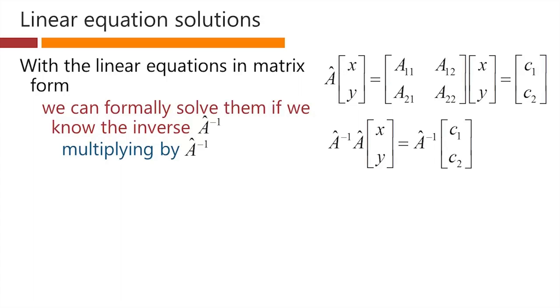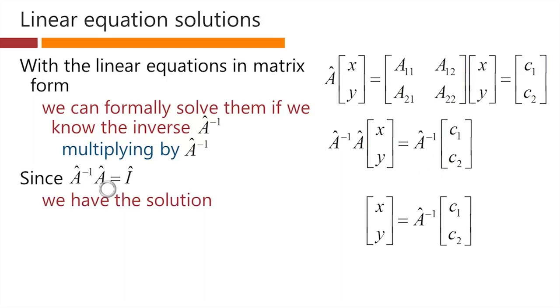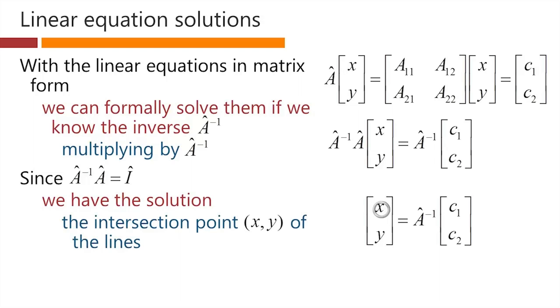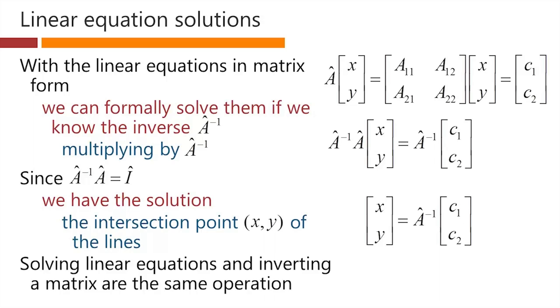So to see that, if we multiply both sides here by A to the minus 1, and we remember that A to the minus 1 times A by definition is the identity matrix, and the identity matrix times anything is just what we started with, then formally we have the solution. That is, we have the intersection point x, y of these two lines in terms of the inverse of this matrix and these two coefficients that we started out with. So, solving linear equations and inverting a matrix are the same operation.